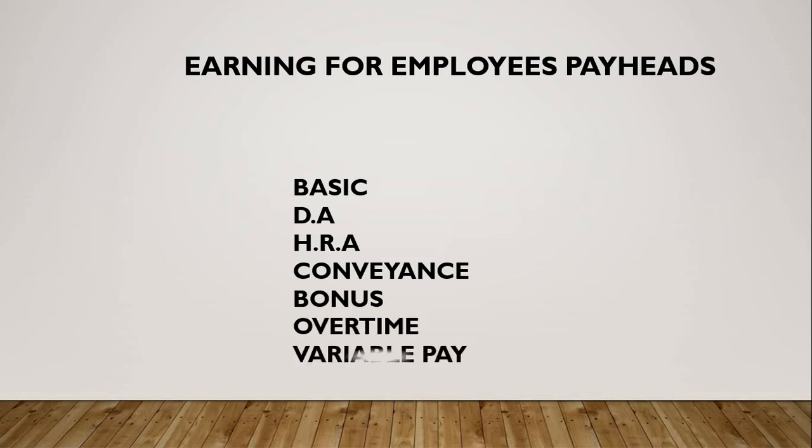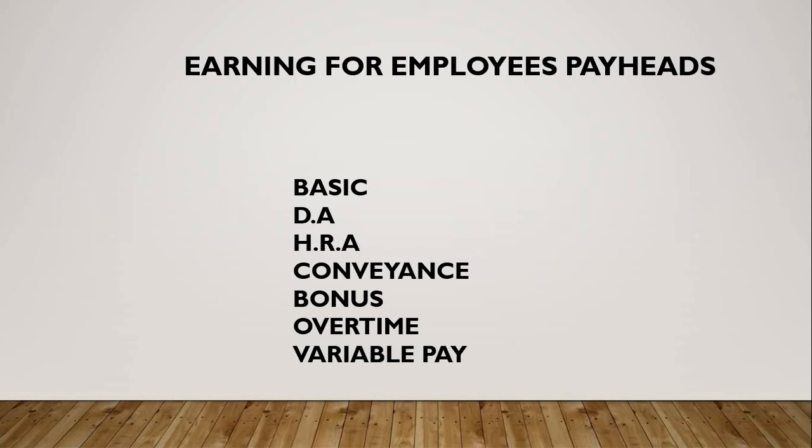overtime, variable pay. Variable pay typically represents a payment made by an employer to an employee based on performance results. Employees usually receive this type of compensation in addition to their basic salary.